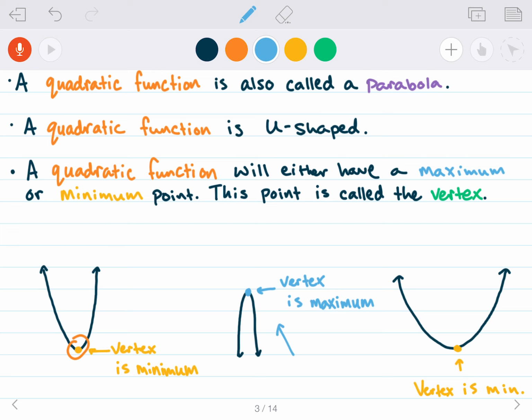So this is going to be the very highest point on the entire graph. We can see that any other point is going to be lower than that maximum value. And then we have a final example right here. This time the vertex is the minimum, so the lowest point on the graph. And if you look at these 3 parabolas, they all have different shapes. Some of them are really skinny, some of them are wider, and we're going to talk about what affects the shape of those graphs in just a bit.